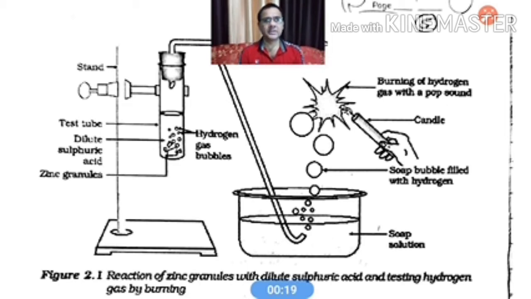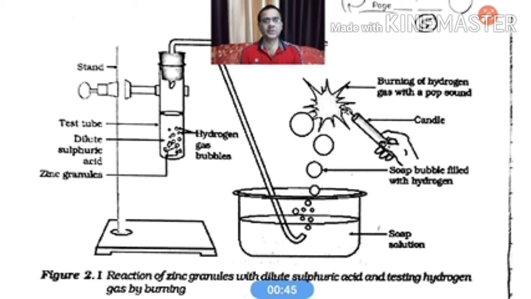So when these bubbles are formed which contain hydrogen gas, and near to that we bring a burning splinter or burning candle, burning splinter means माचिस की जलती हुई तीली या burning candle, then this burning candle, when it comes in contact with the bubbles containing hydrogen gas, then this hydrogen starts burning, and when it burns, it produces a sound that is called pop sound.